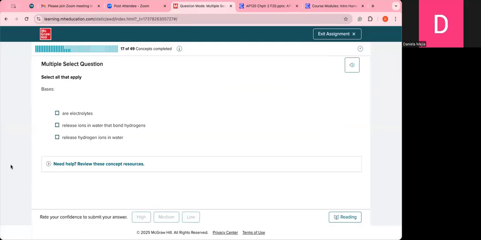Okay. Bases are electrolytes. Bases release ions in water that bond hydrogens, or bases release hydrogens in water. What's true about bases?